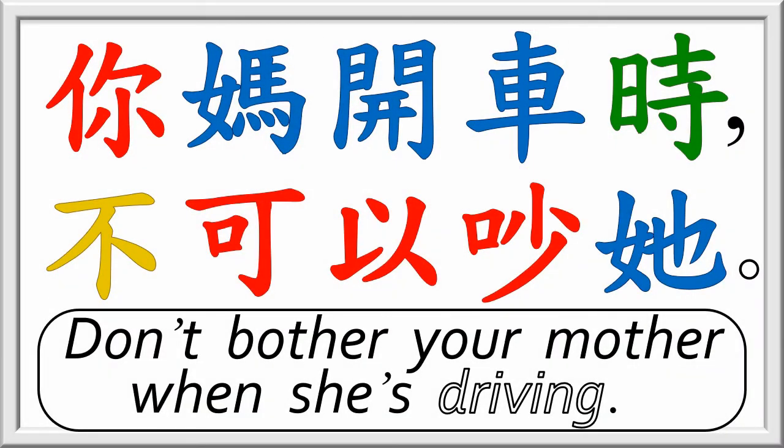As I mentioned in Lesson 19, 开 is the verb for turning on and operating a machine. So 开 is used for the everyday expression to drive a car. 你妈开车时不可以吵她. Don't bother your mother when she's driving.